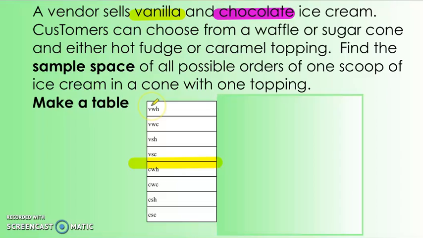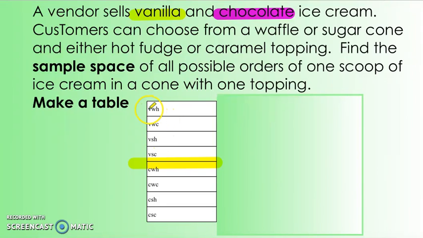Well, if I had vanilla ice cream, I could choose a waffle or sugar cone. So I put waffle, sugar cone. But then I could have hot fudge or caramel topping.